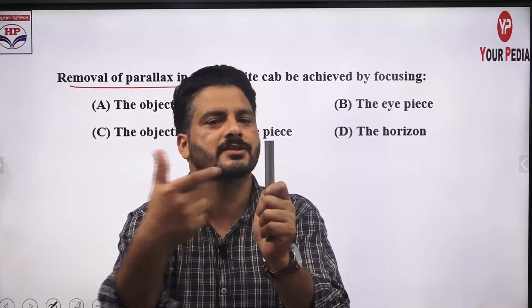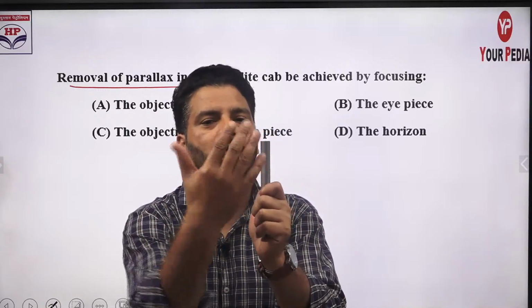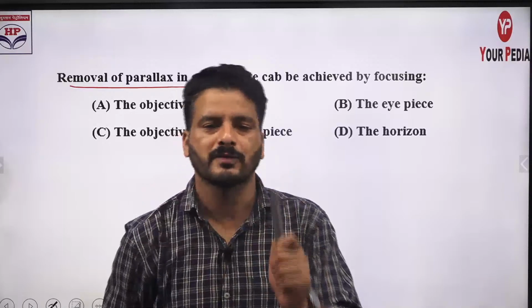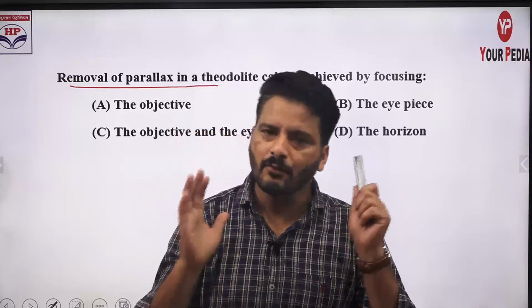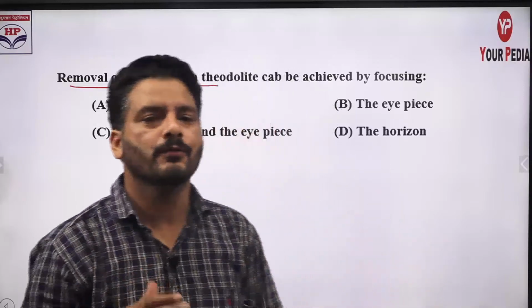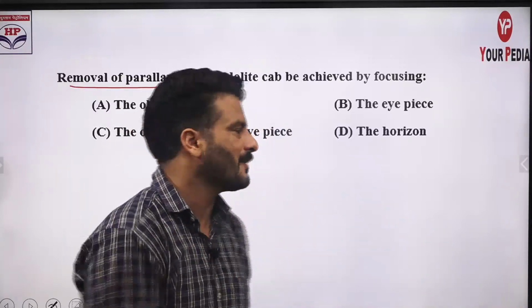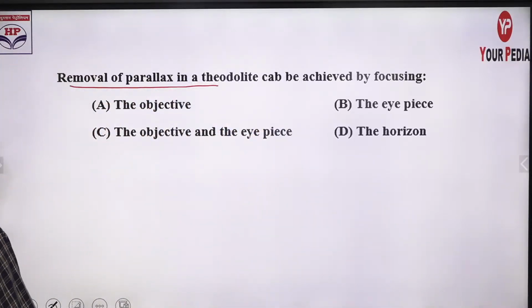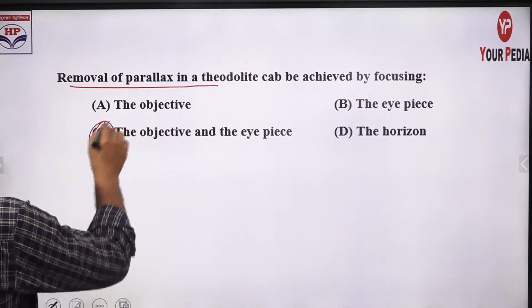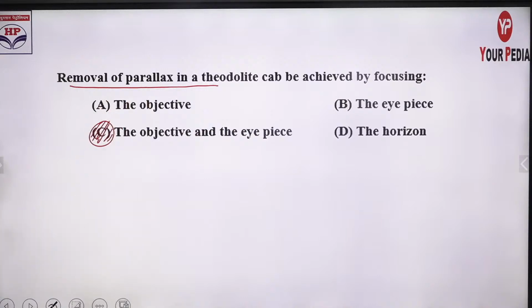You will find a change in the position of this object, and also a change in the background. This is a kind of parallax. So we have to remove that. We focus the eyepiece and objective for the removal of parallax. Option C is the correct answer. Parallax is the apparent shift in the position of an object when we go from left eye to right eye.